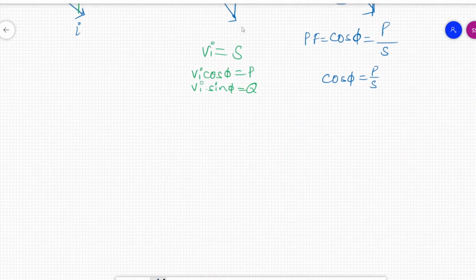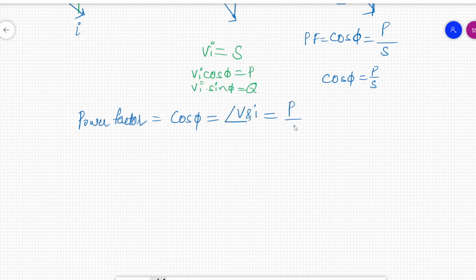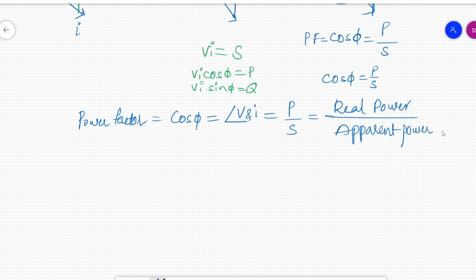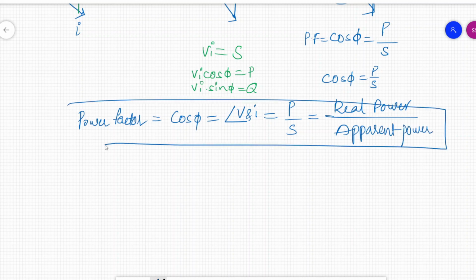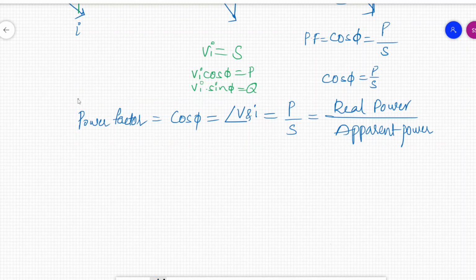So the power factor is equal to cos phi, which is the angle between voltage and current, or it can also be written as P by S, which is real power by apparent power. If you have real power and apparent power, you can find out the power factor. So that is the idea.